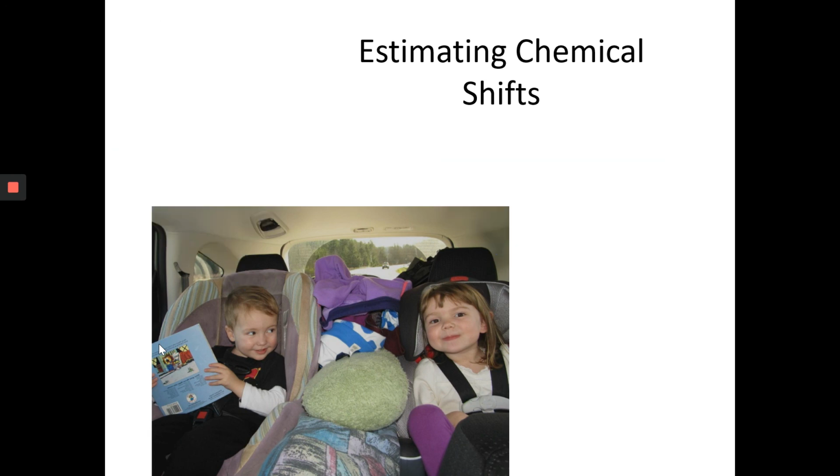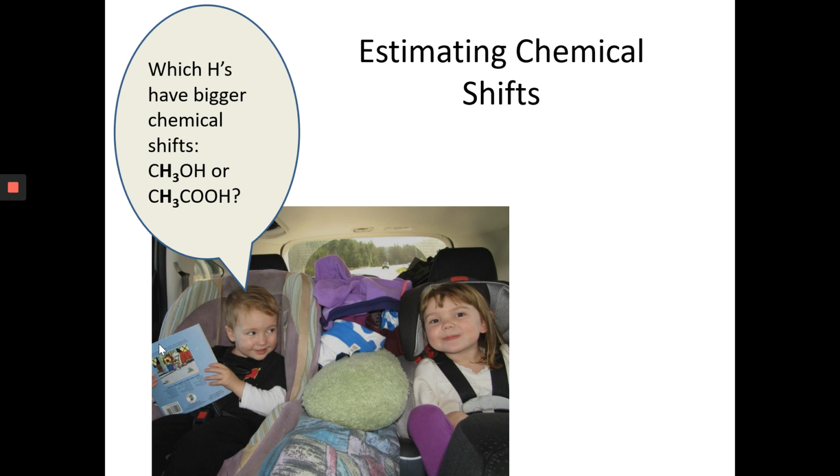Looks like there's another question. Which H's have a bigger chemical shift, CH3OH, methanol, or CH3COOH, ethanoic or acetic acid? This one's near 2 O's. This one's near 1 O. What do you think? Make a prediction.